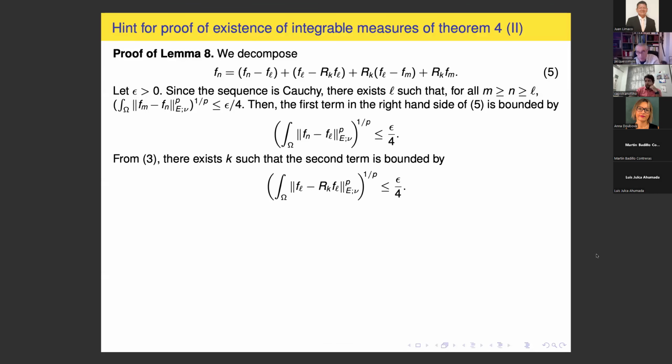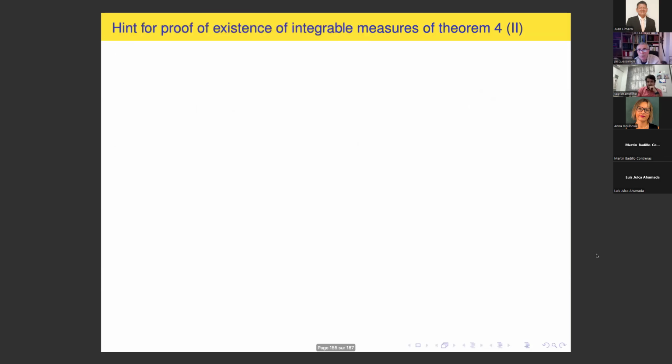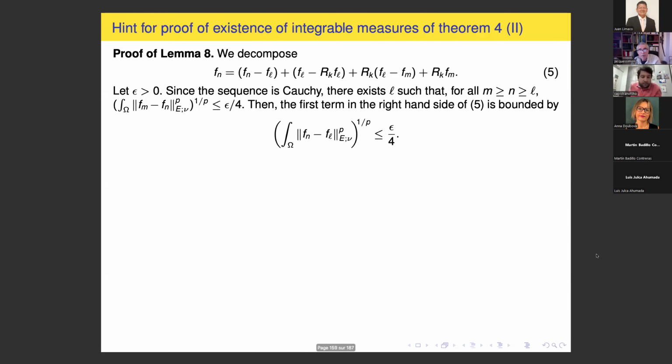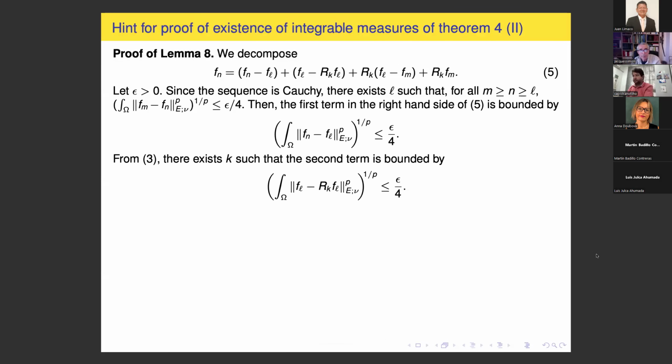From 3, which is a convergence to the function, there exists k such that the second term, Rk Fl minus Fl, is bounded by epsilon over 4, if l is fixed.